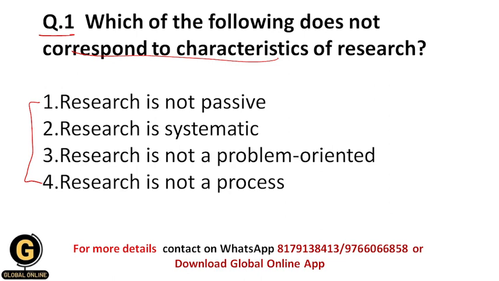So let us see. Research is not passive, research is systematic, research is not problem oriented, research is not a process. Research means we are going to solve any kind of problem through a systematic procedure.